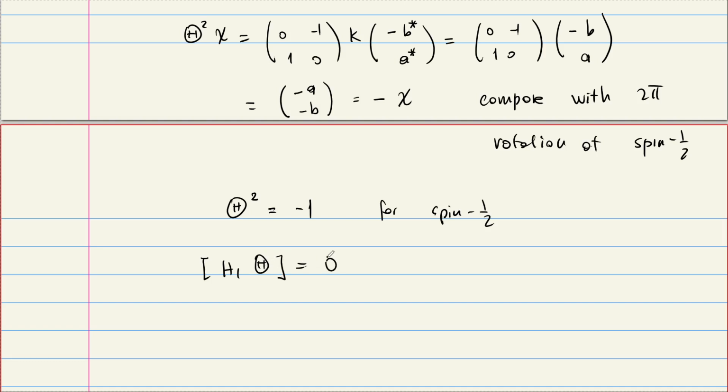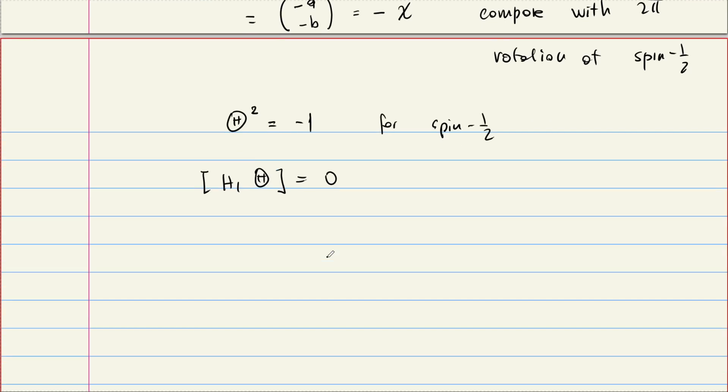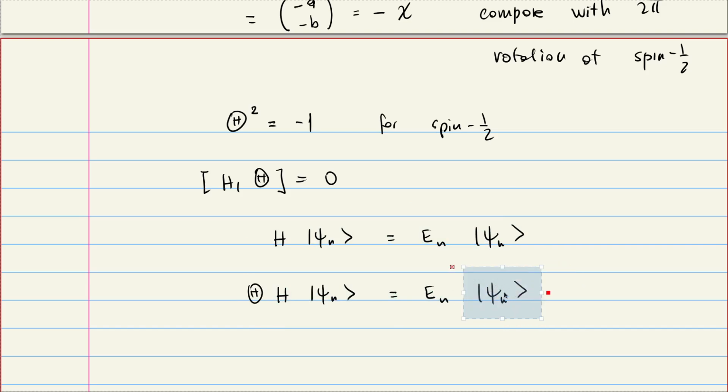That's what we introduced earlier. And let's write the time-independent Schrödinger equation. H psi n is equal to E n psi n. And we do our judo move, hit this with theta from both sides, but E is real, so it's going to be like here.